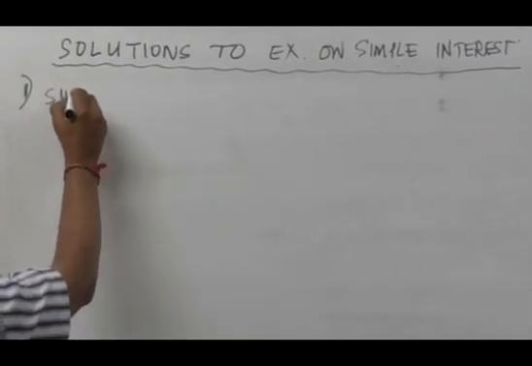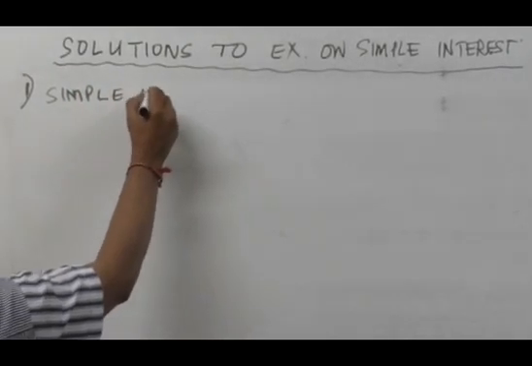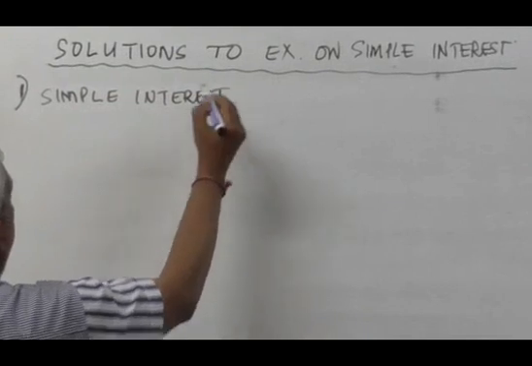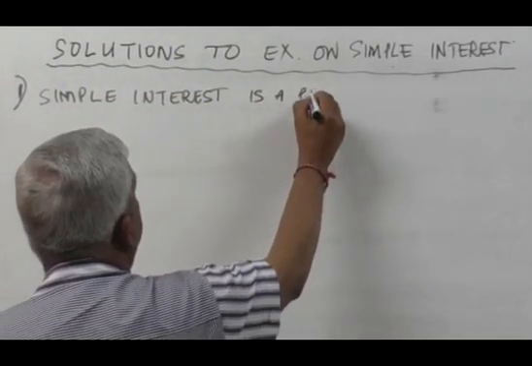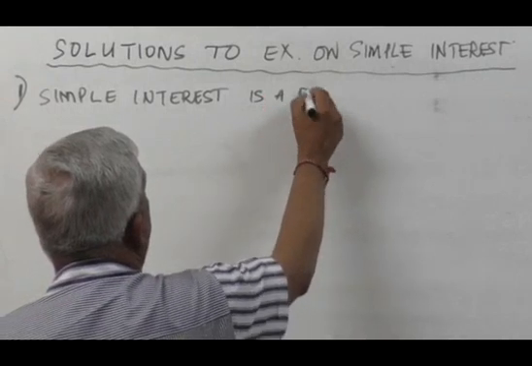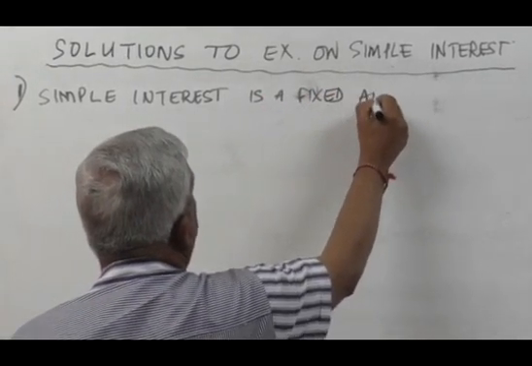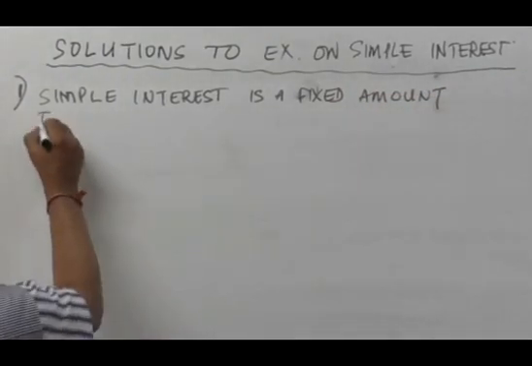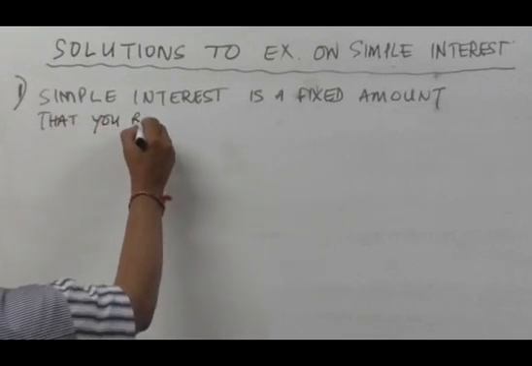So you simply say simple interest is a fixed amount that you receive yearly.